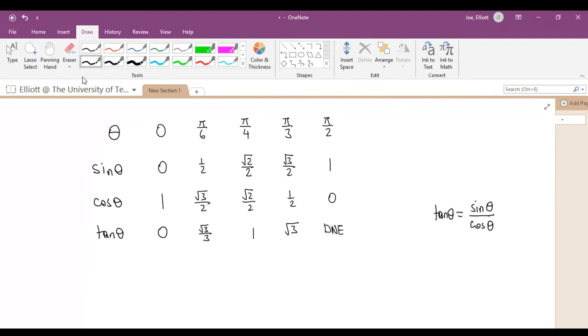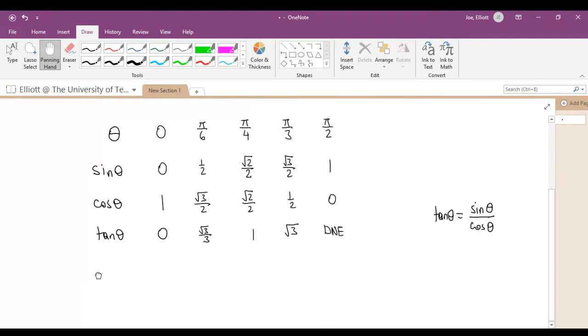I don't necessarily have many good tips per se on how to memorize it. There's one pattern that I think could help you in memorizing sine, and therefore cosine as well.